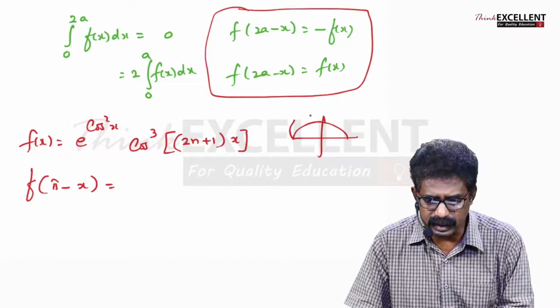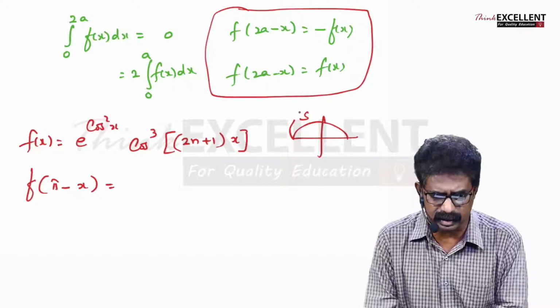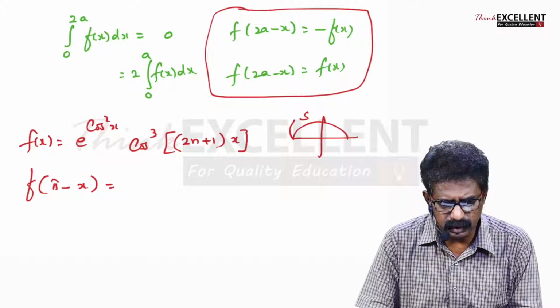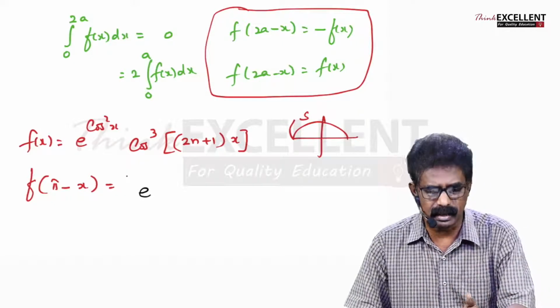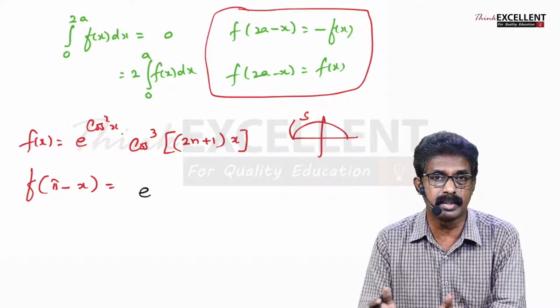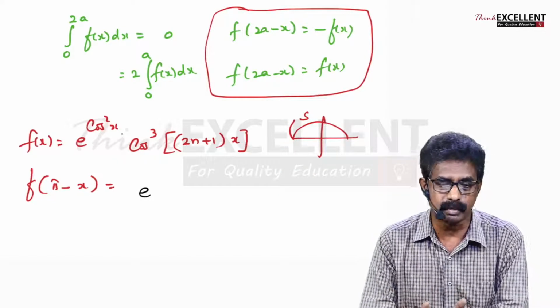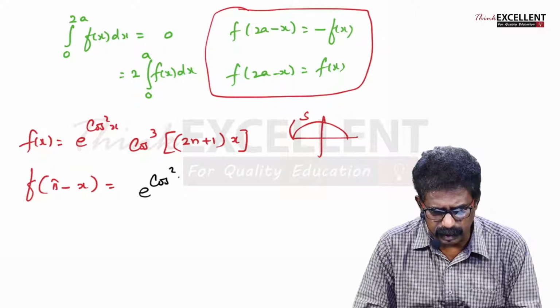In the second quadrant only sine is positive. So cos of 180 minus x is minus cos x. But here the first one, you see e raised to cos square x. So for x you put 180 minus x, cos of 180 minus x is minus cos x, but the whole square is there, so it becomes plus, no problem. You are getting cos square x.